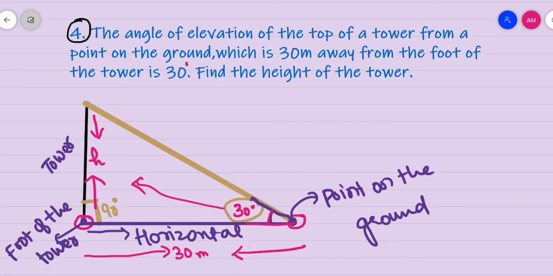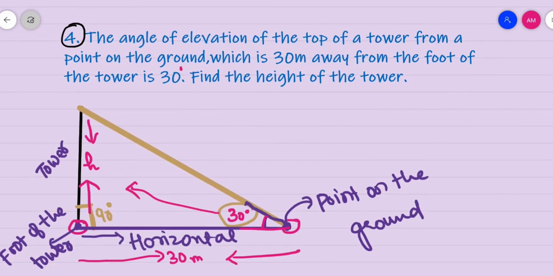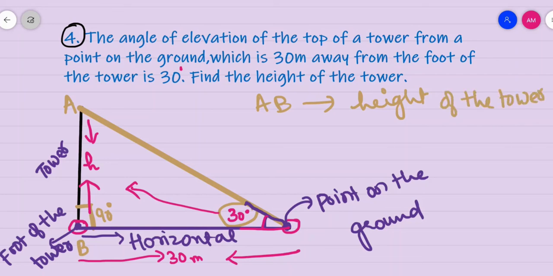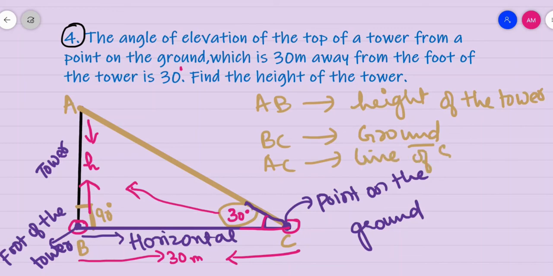So let us apply either tan or cot. Now let us first define this. Let AB be the tower, the height of the tower. Now BC is the ground, the horizontal line on the ground, and AC is the line of sight.